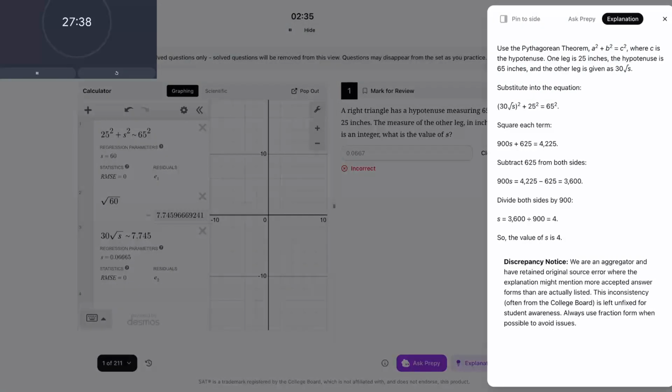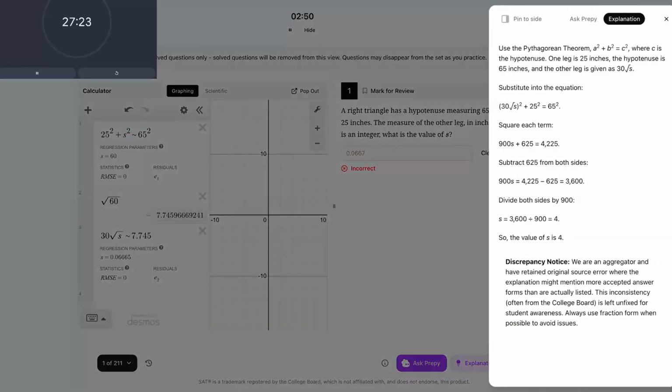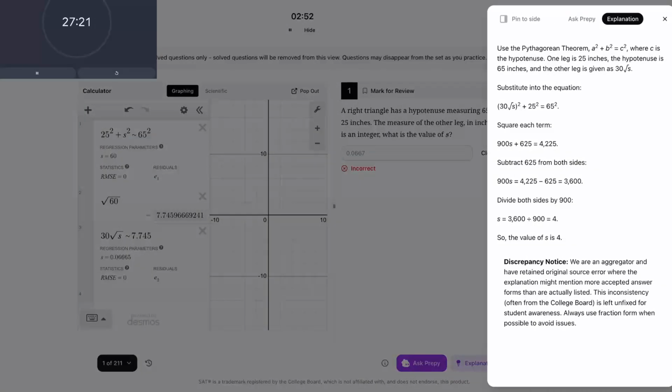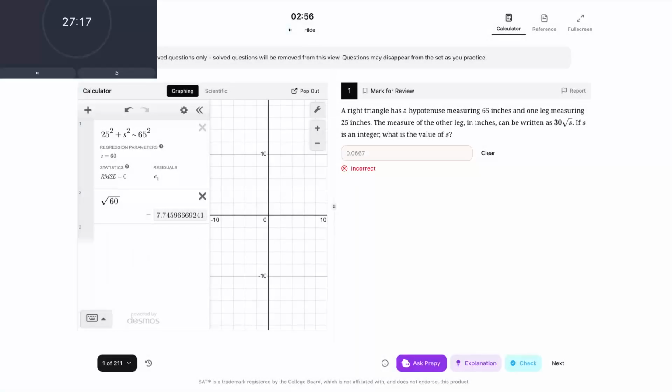Shoot, I am tripping right now, because I'm pretty sure you can use regression on this one. The hypothesis is that one leg is measured this, and this is s. So s should be 4. Okay, I'm just trying to find the correct way to do it and the fastest way to do it rather than just doing it by hand.